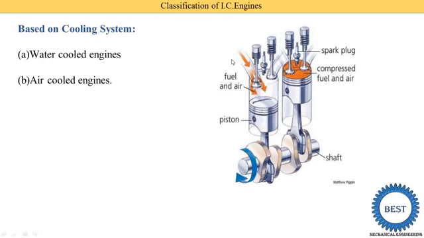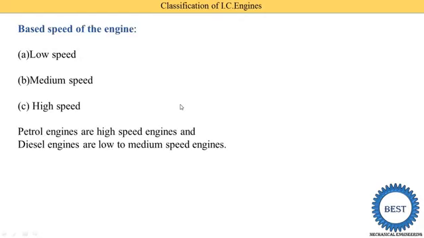For removing this heat, a water cooled engine or an air cooled engine is used. In our bike an air cooled engine is used, but in a car we use a water cooled engine. We need to fill the water in it. So the temperature of the cylinder is reduced by using air, and when it is reduced by water, it is known as a water cooled engine.